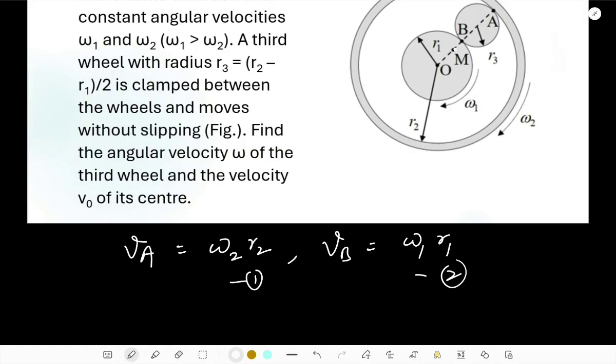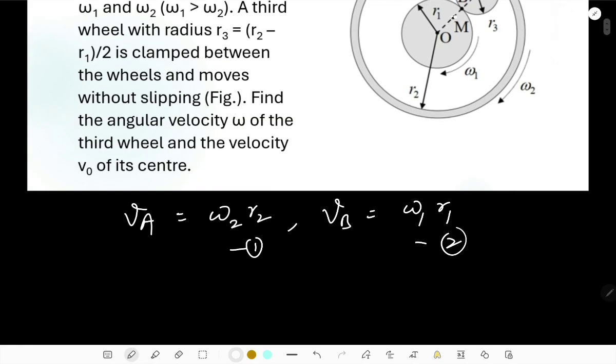On this line I can assume the instantaneous center of rotation anywhere, because I don't exactly know its real position. I am not supposed to be God. I have assumed it here. And this distance OM I assumed is Rx.